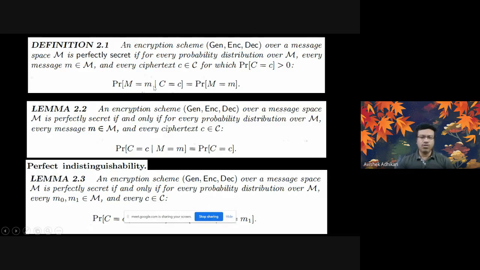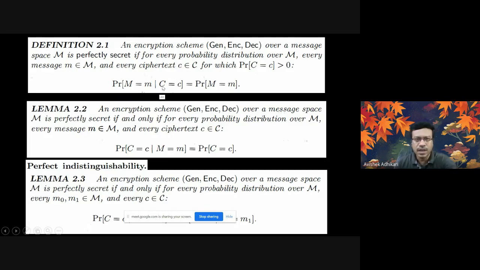Now you all know what this is. This is the conditional probability: the probability of M equal to m given that the ciphertext C is chosen as c. It says that even if you have the condition, the probability is the same.